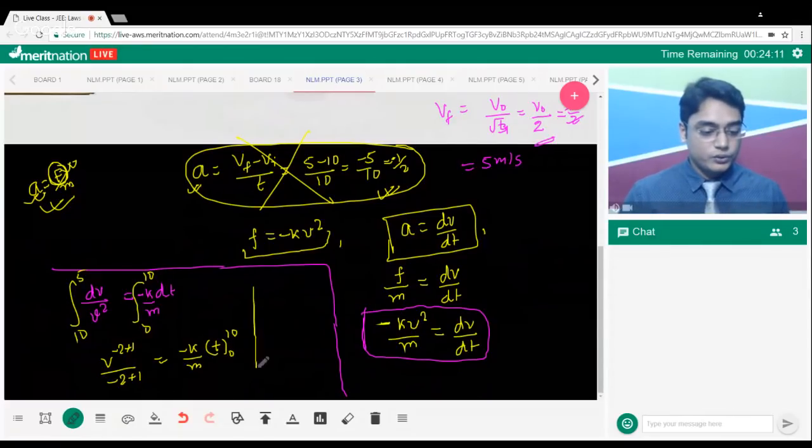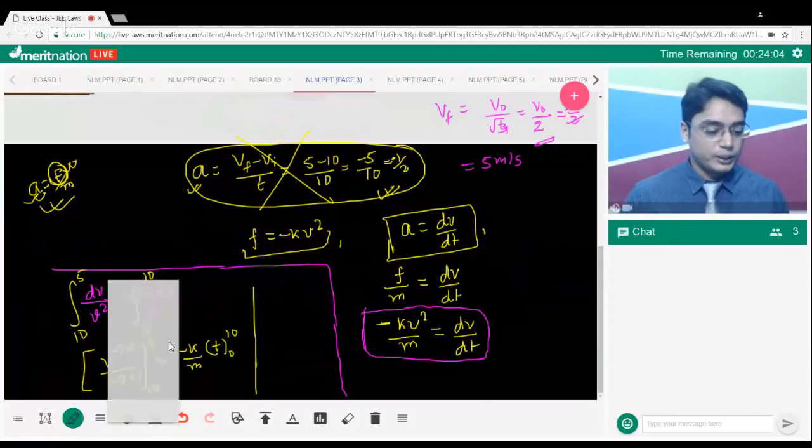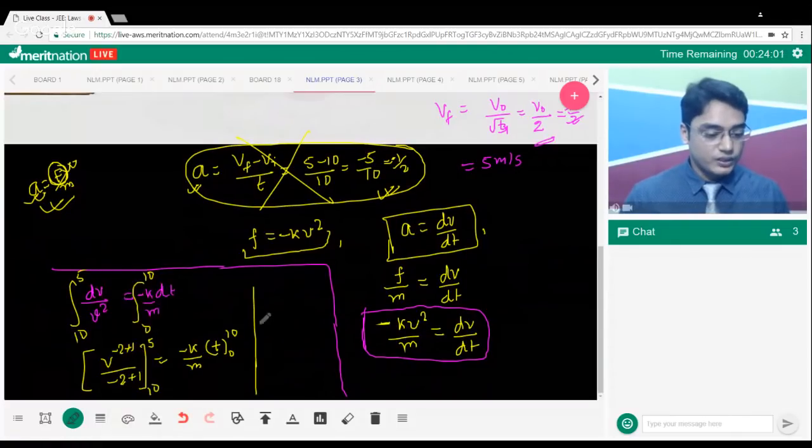So on solving this, this is actually 1 by v and its limit is from 10 to 5, just a calculation thing. So this is minus 1 by v, and its limit is from 10 to 5, equal to minus k by m into 10.